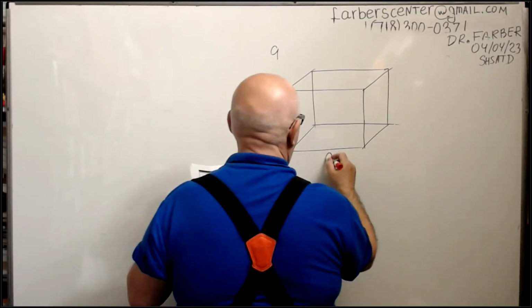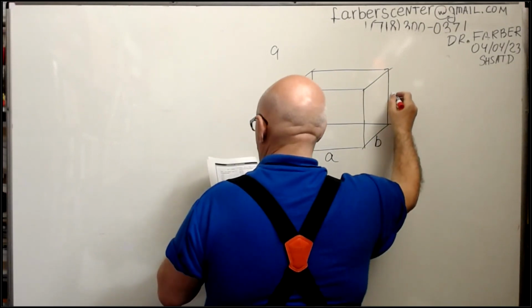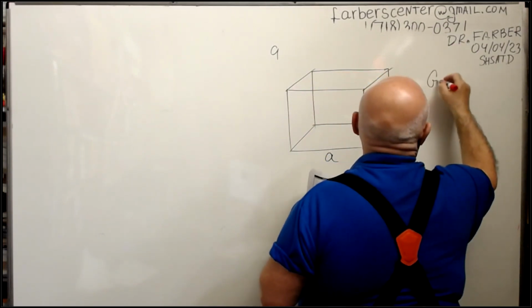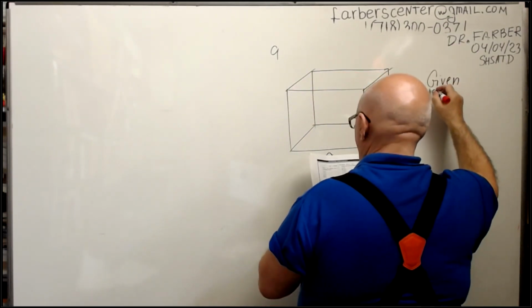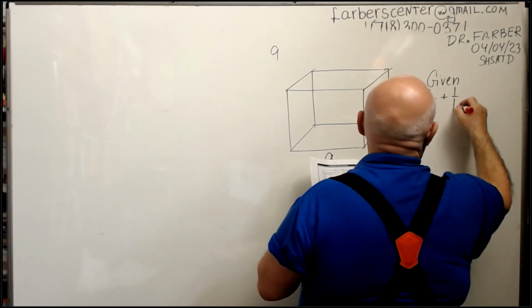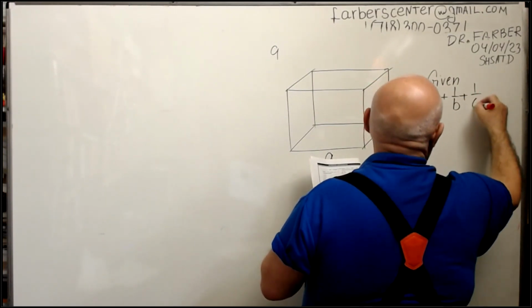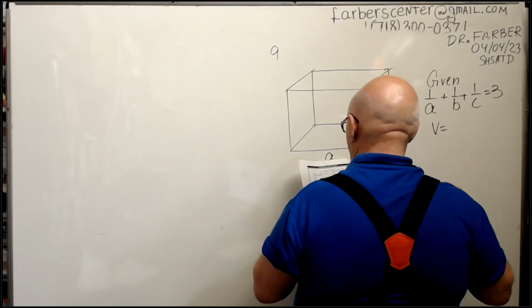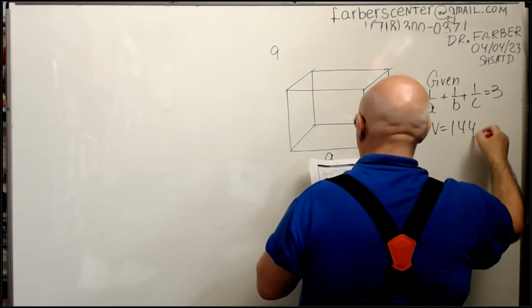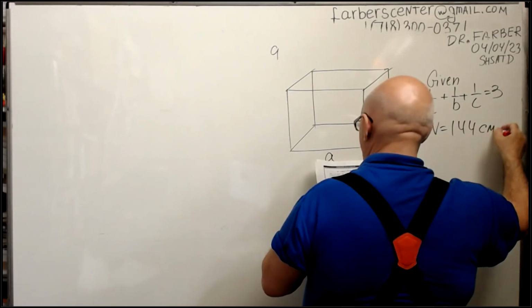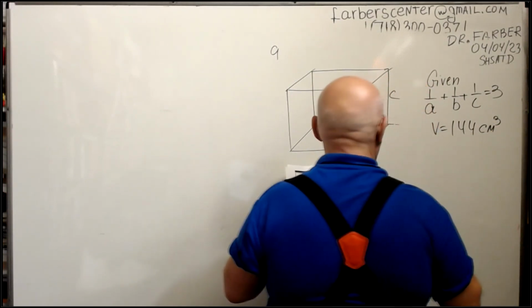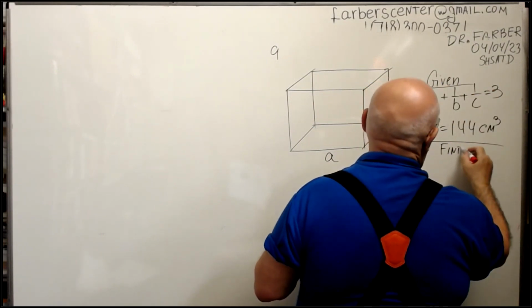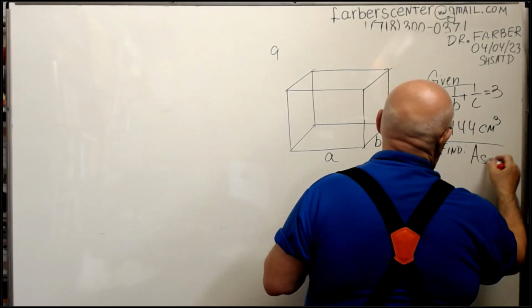This is H, B, and this is C. And given 1 over A plus 1 over B plus 1 over C equals 3, and volume equals 144 cubic centimeters. They ask you surface area. This is given. This is find area of surface.